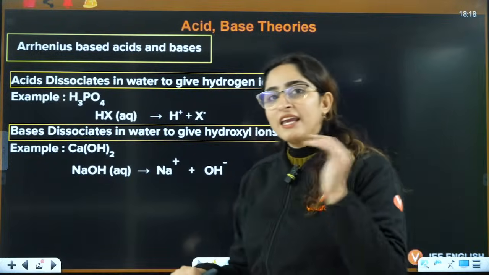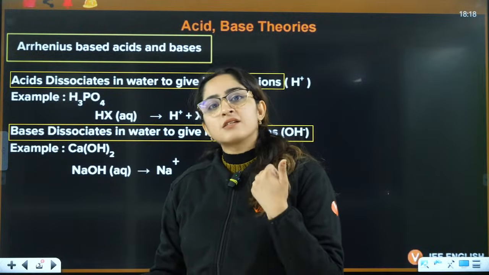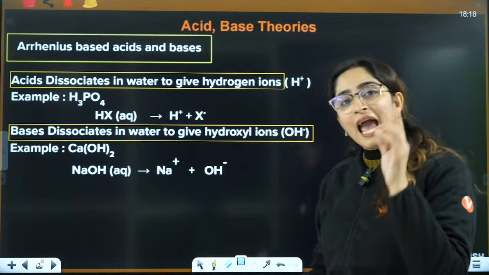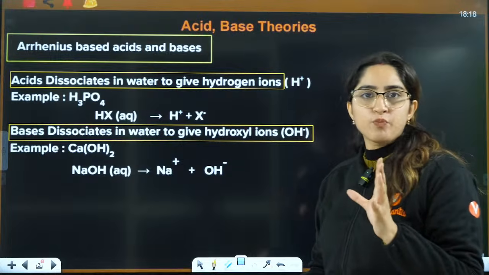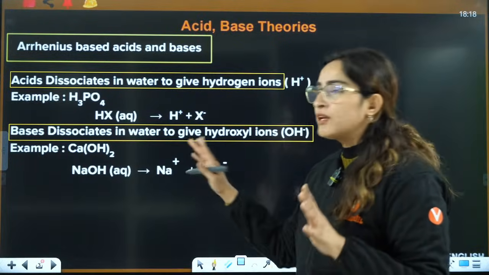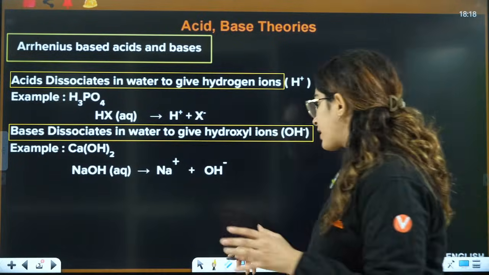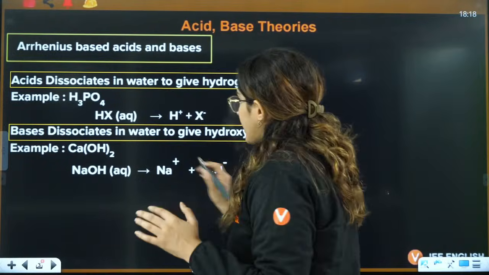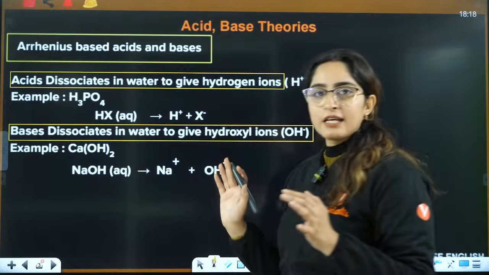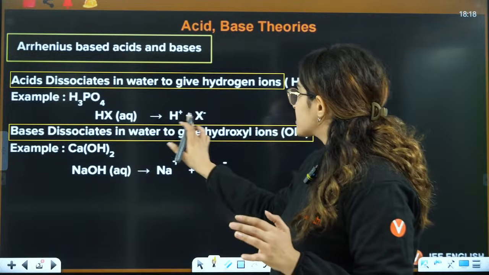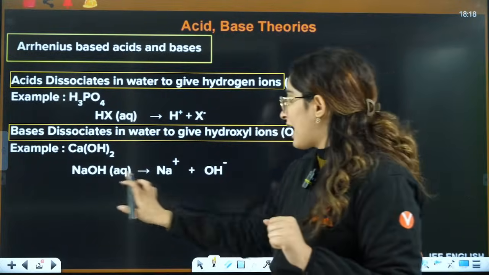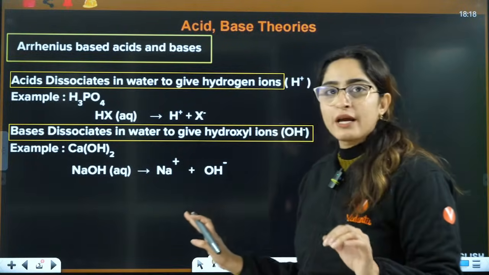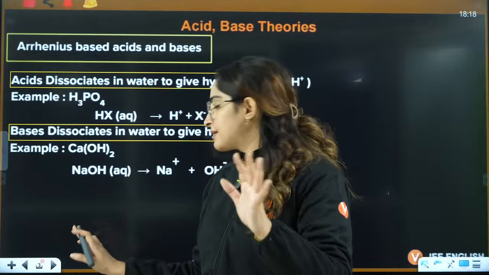So he is not saying that acid gives H positive and base gives OH negative in general; he is saying acids in water give H positive and bases in water give OH negative. For example, HX dissociates into H positive and X negative in aqueous solution. NaOH, which is a base, dissociates into Na positive and OH negative.